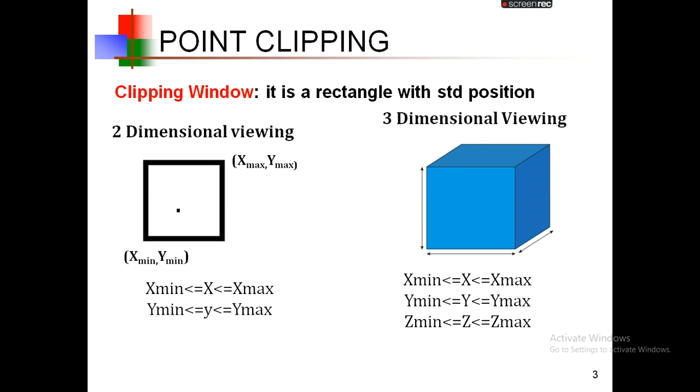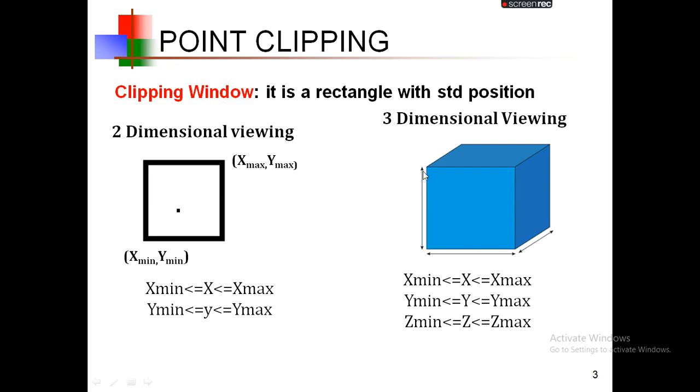When you want to clip a given three-dimensional object, you need 6 different viewing planes. So this cube generates 6 different two-dimensional viewing planes.